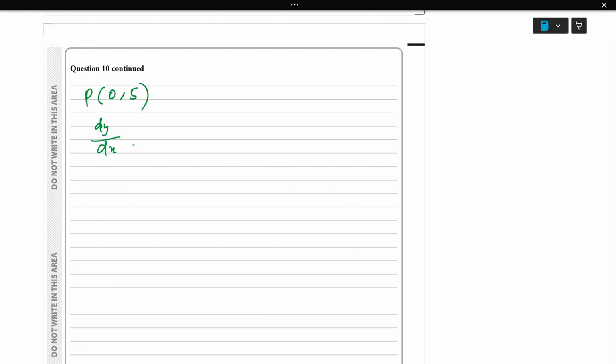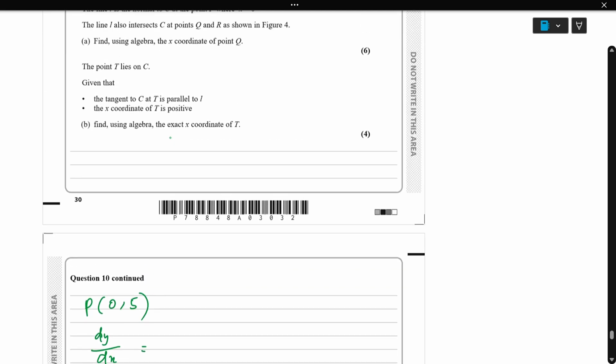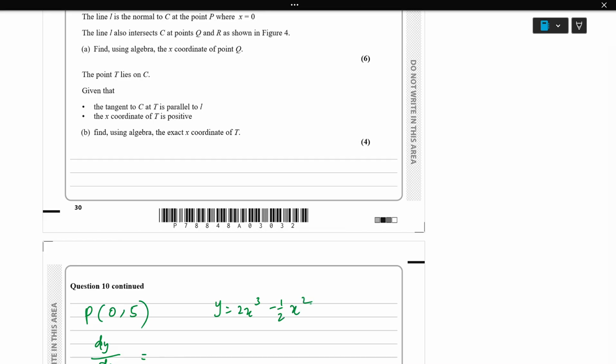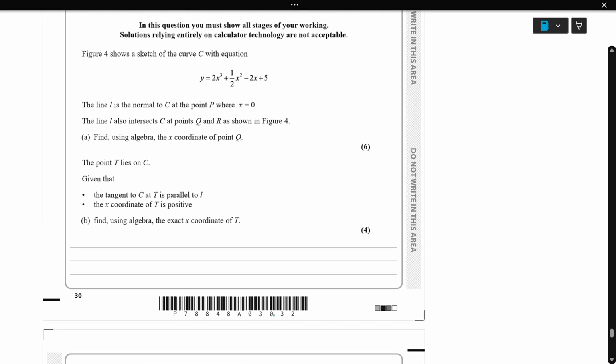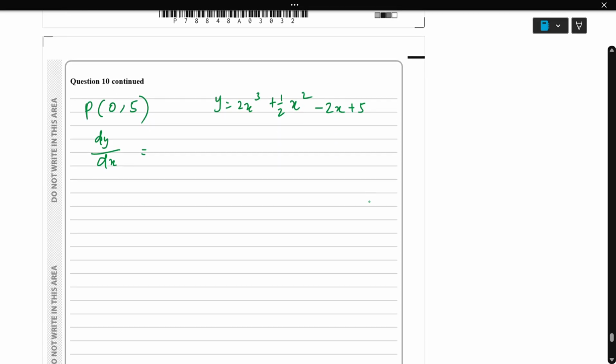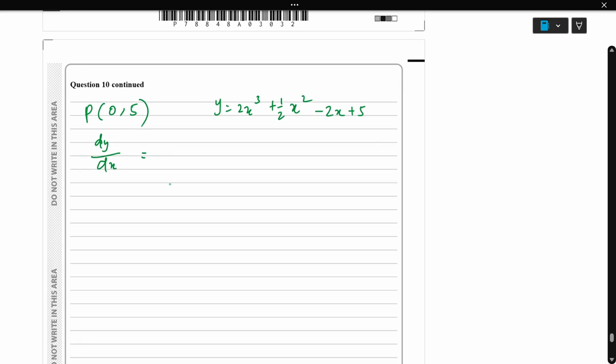When you do dy by dx, what will happen? The equation is y equal to 2x cube plus 1 by 2 x square minus 2x plus 5. Do dy by dx. So we are finding the gradient, which is 6x square plus x minus 2.